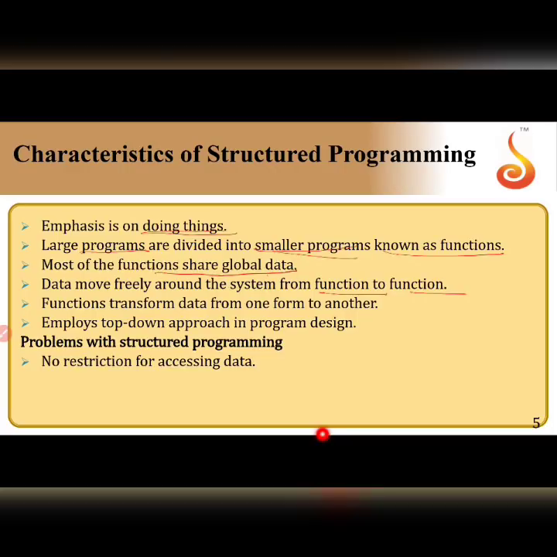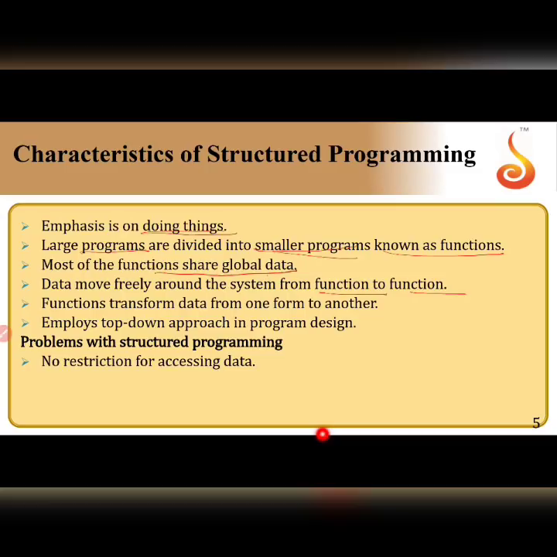So what is the drawback of that? See, there is an advantage also, that is you're breaking down into smaller programs. It makes your life easier. Then you share the data so that it moves freely. But then the chances of the data getting corrupted or changed are more, and you have no restriction. Function A can change the data wherein function B may not want the changed data.